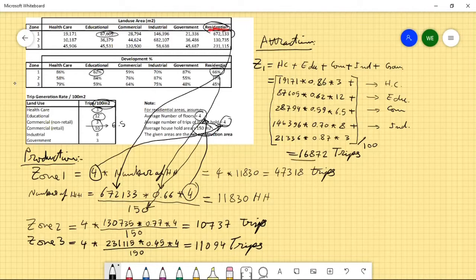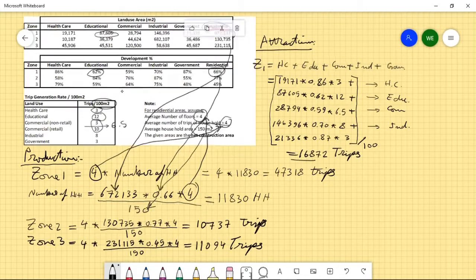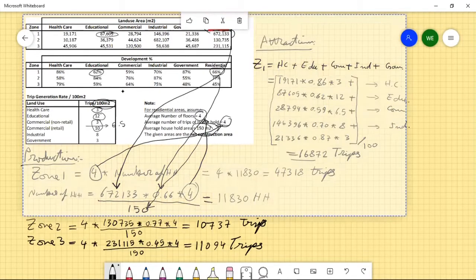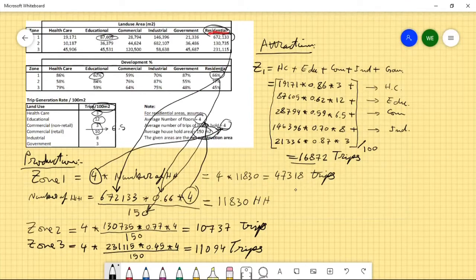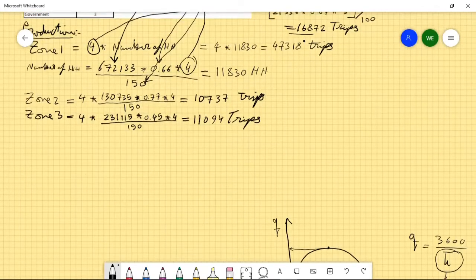Okay. Now we need to do the same for zone 2 and 3. Okay, so let me just take a copy of this one. Okay. Let's just move on.